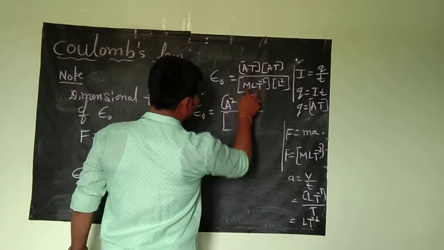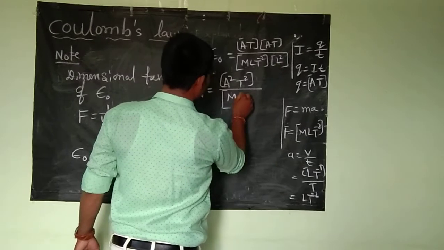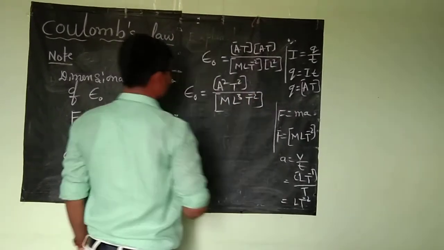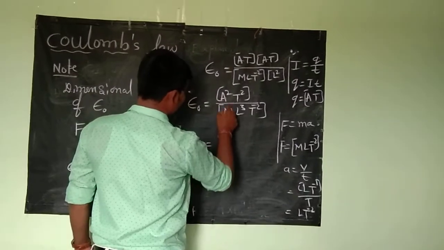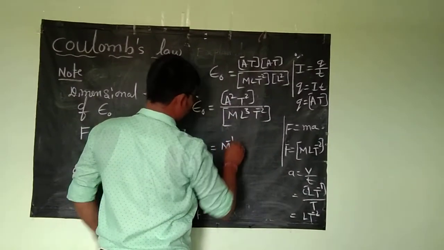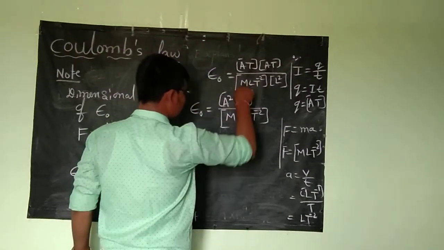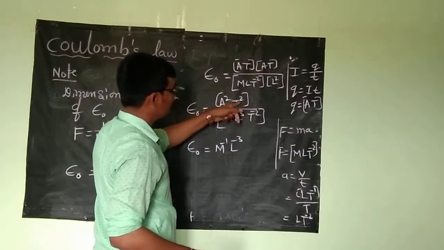Then here M, here one L and 2 L's in the denominator, it becomes L cube and T minus 2. So epsilon naught becomes M inverse, L minus 3, and the T minus becomes plus, right?